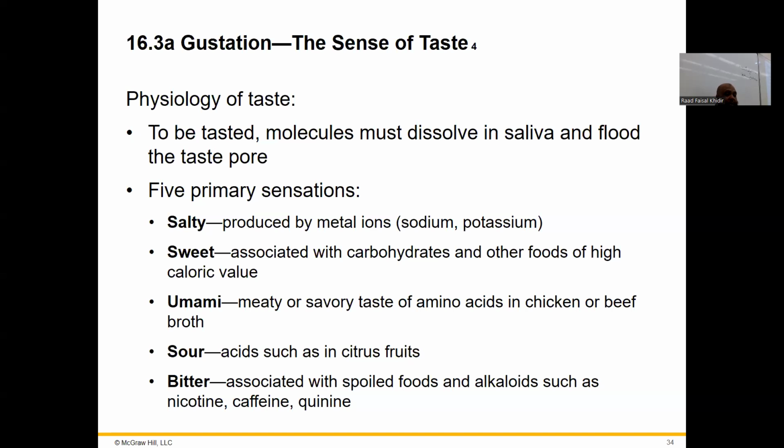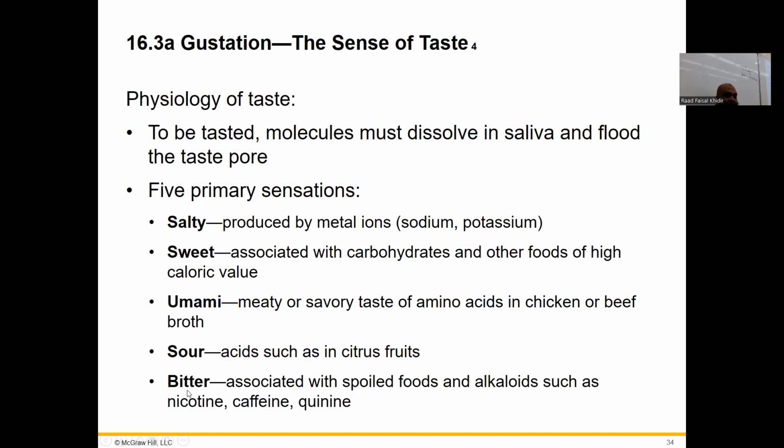And we said this word here, umami, which translates to delicious in Japanese, because that is where these tastes were discovered. That is for all the proteinaceous food, like the meaty or savory taste of the amino acids in the chicken or the beef broth.